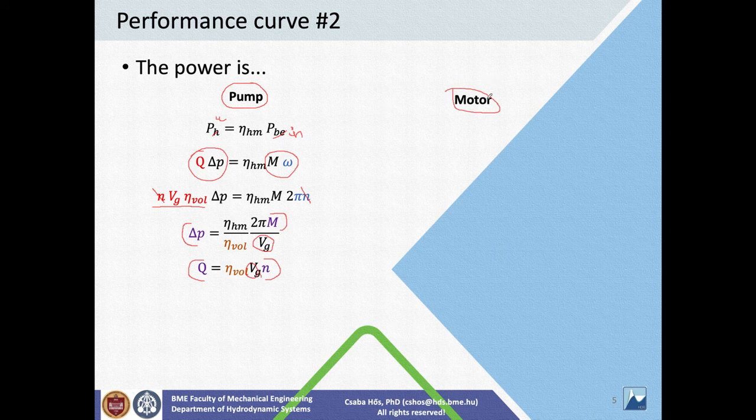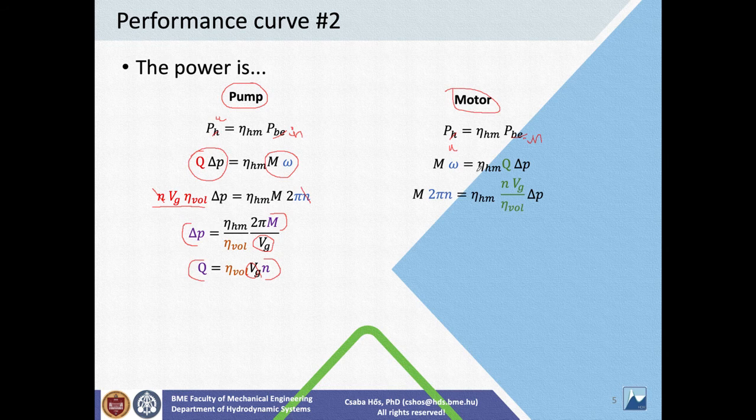Now, if you think of a motor, you start pretty much the same. So again, this is useful. This is input. But now as you have a motor, the motor is something that provides me mechanical power. So now the useful power is M times omega, and the inlet power is Q times delta P, because I'm using another pump to push liquid through my motor.